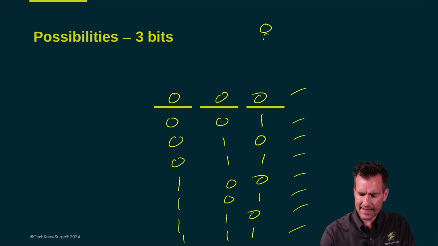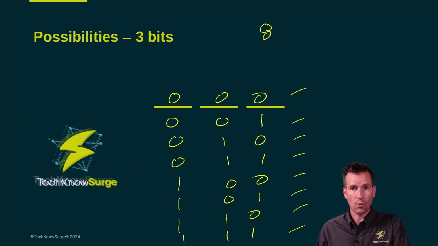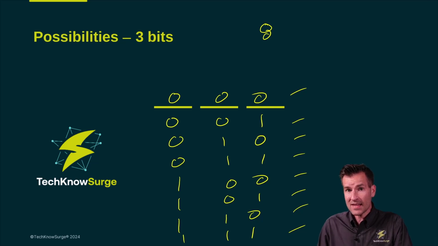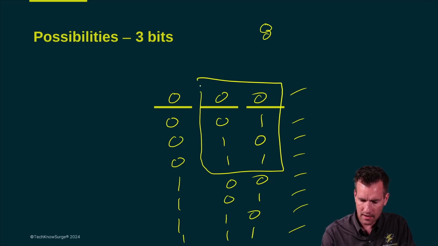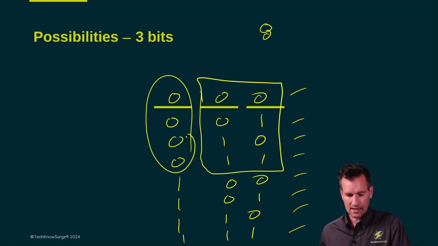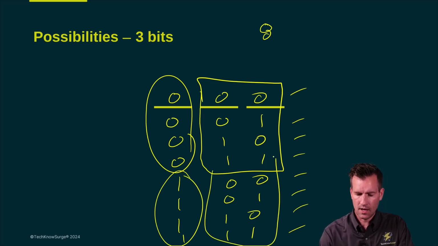We have 8 combinations here, 8 different ways that we can represent this with 3 different bits. And this makes sense as well, because we have the 4 combinations we had with 2 bits, but we could do that with a 0 as the 3rd bit or a 1 as the 3rd bit. So we've doubled the amount. So now every time we do this, we double the amount.